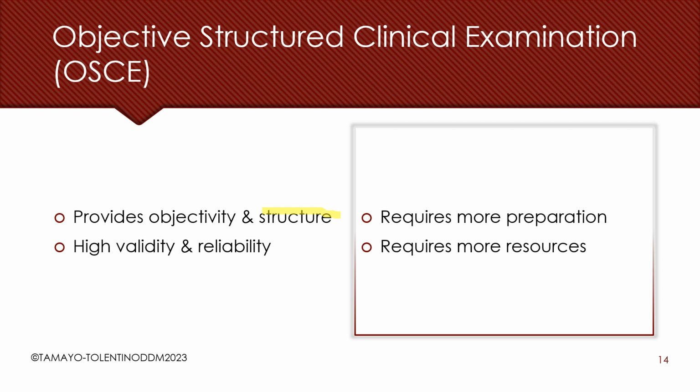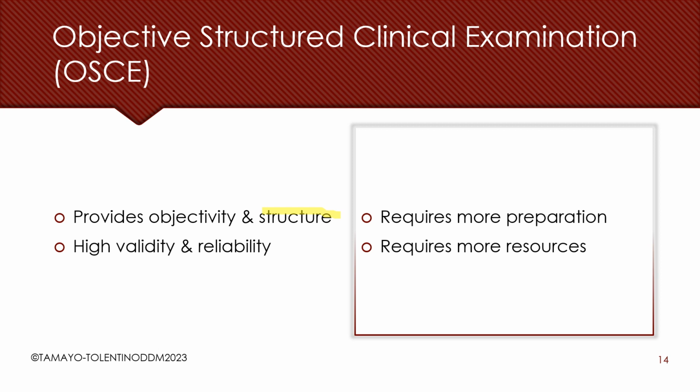The standard station design, standardized scoring rubrics, and the trained examiners not only account for standardization and structure, but more importantly, the reliability of OSCE. So to eliminate inter-rater variability that affects reliability of the method, examiners are trained prior to the actual testing.